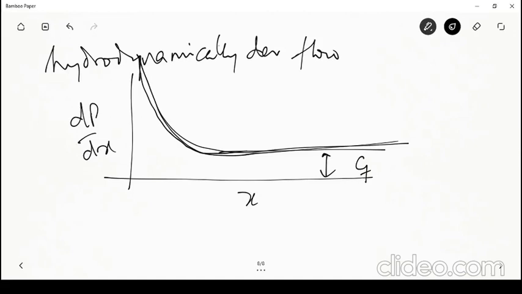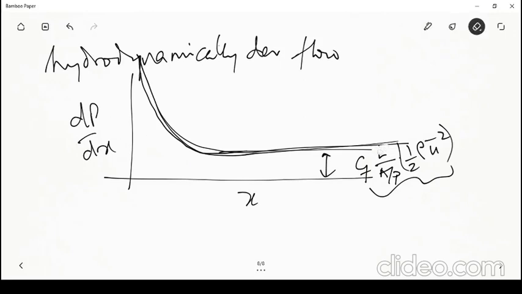Is that correct? So L divided by A by P into half rho U bar squared. So this is the expression that you will get for dp by dx after the flow is fully developed.